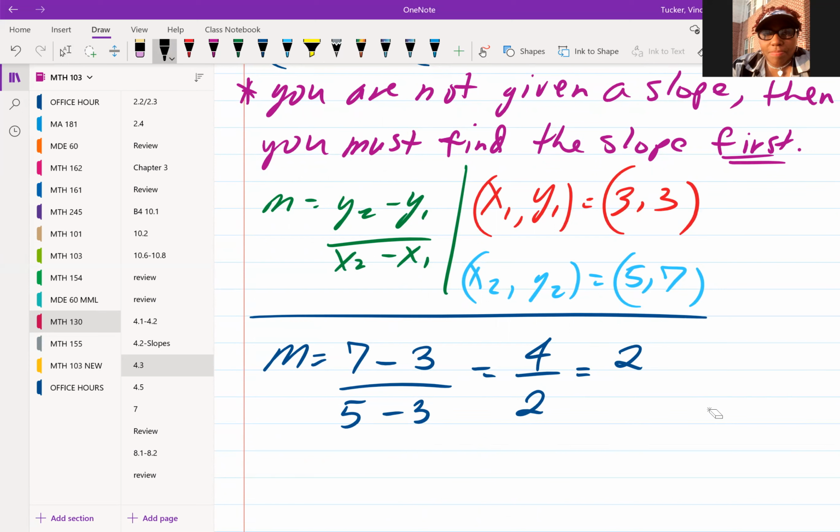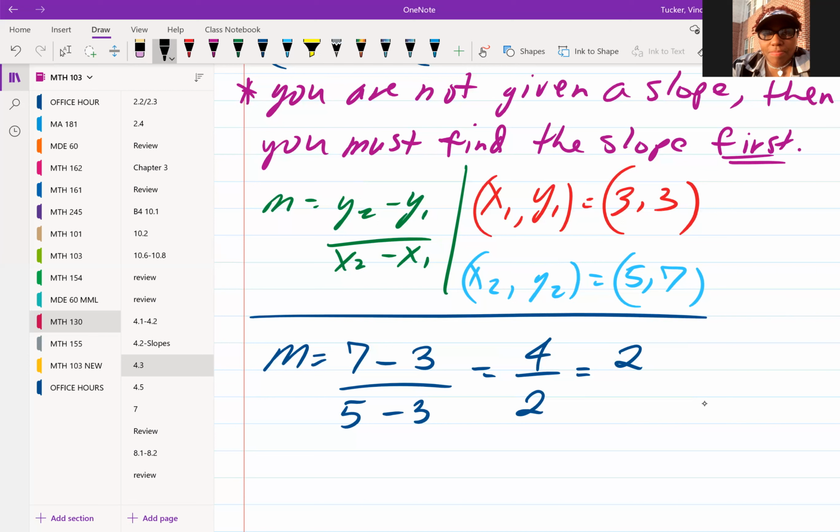I'm trying to figure out why the 7 went first and then the 3. Y2, which is the 7, minus Y1, which is the 3.